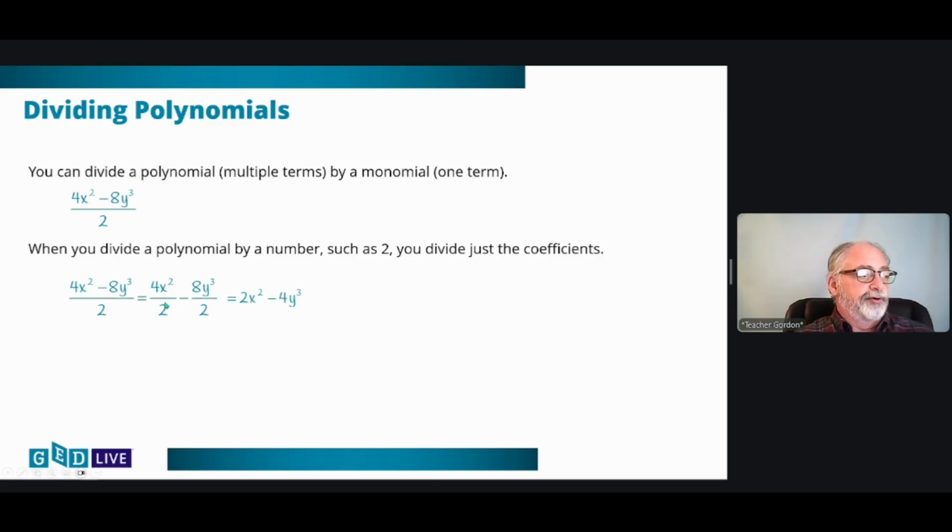So in other words, 4 divided by 2 becomes 2 for the x squared. 8 divided by 2 becomes 4 for the y cubed. And you notice the exponents and the variables don't change. They're the same. You could put it this way, and I hope I'm not overcomplicating things by saying this.